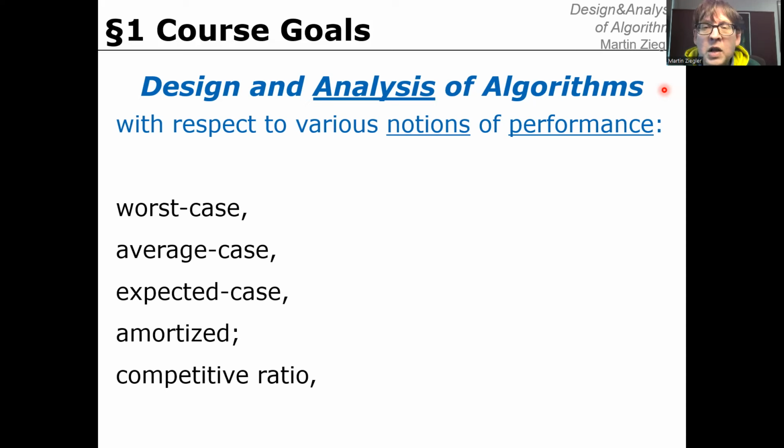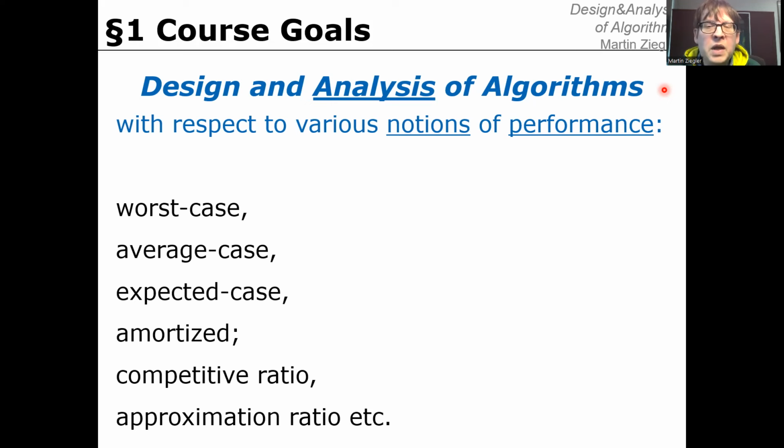For online algorithms, competitive analysis. For approximation algorithms, approximation ratio analysis, and so on. So various different ways of analyzing algorithms beyond the traditional worst case paradigm for getting a more realistic impression of the actual performance of the algorithm when implementing and running it on hardware with given inputs.